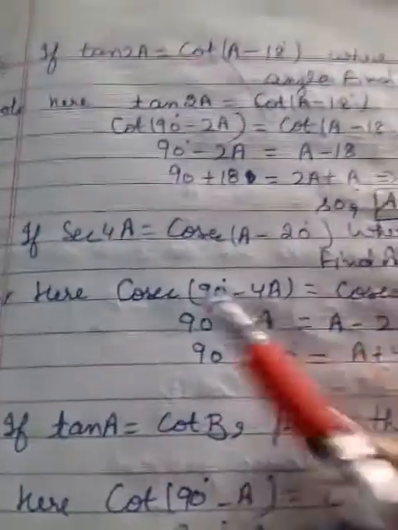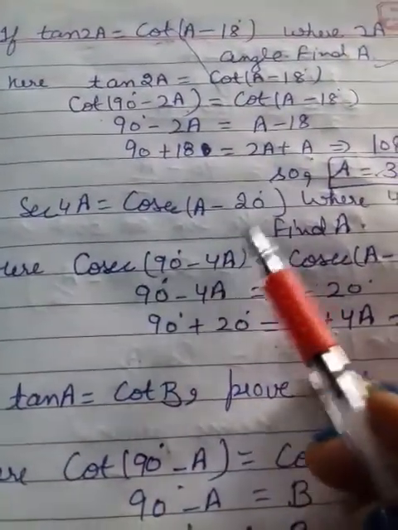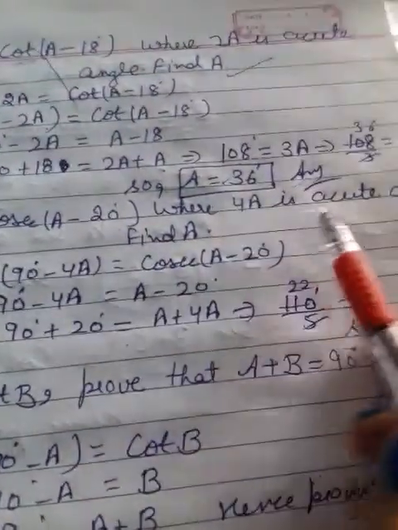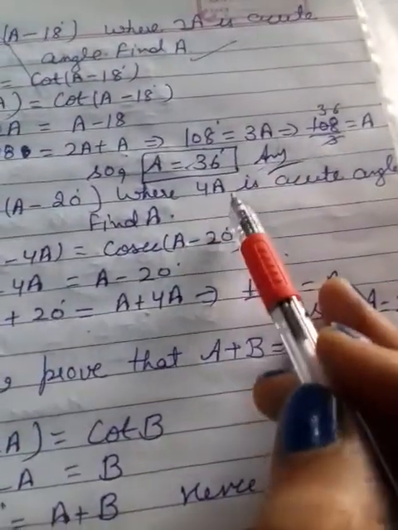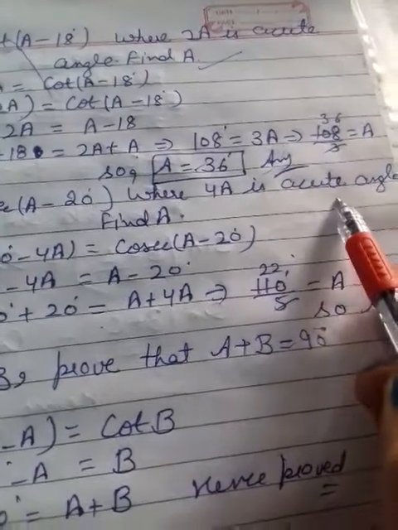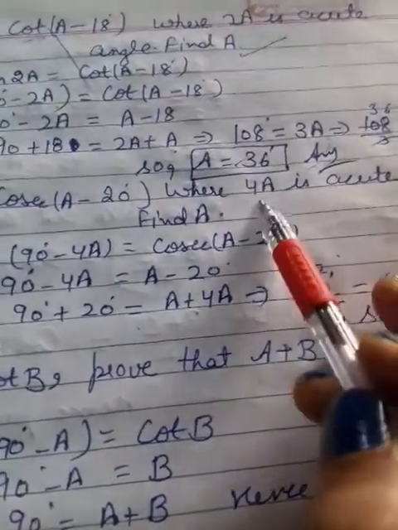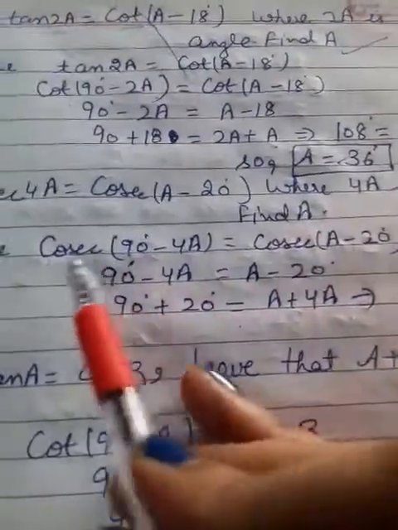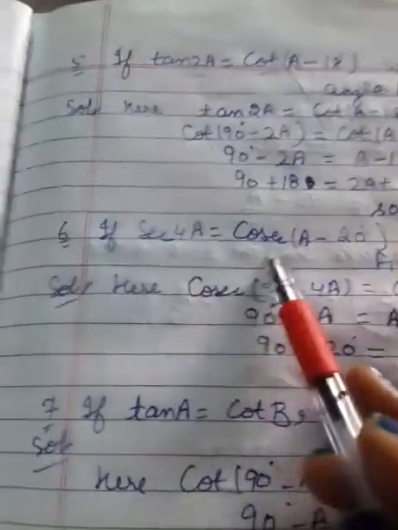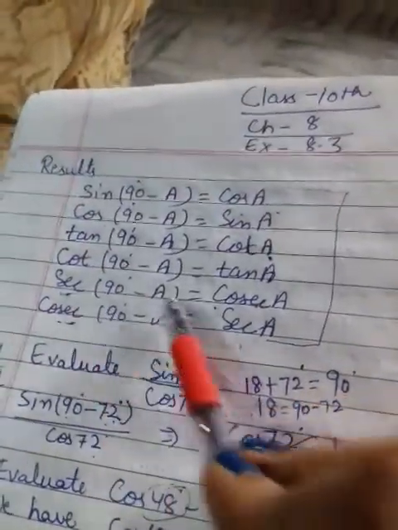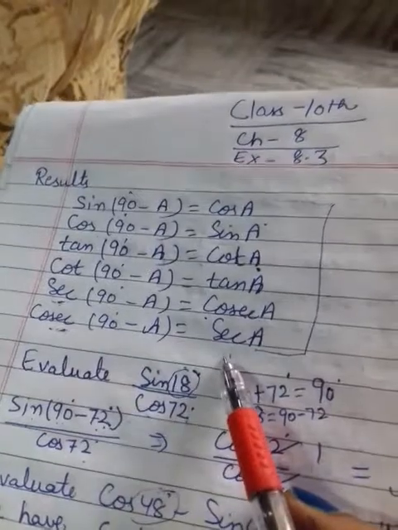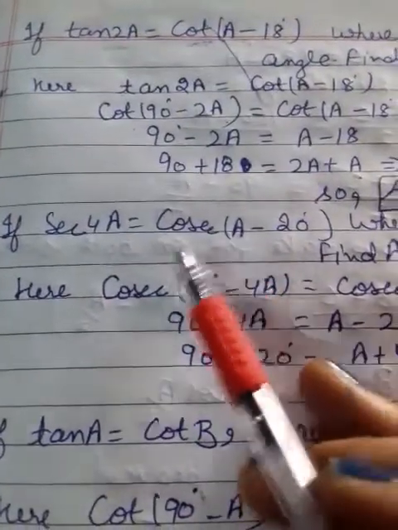Next is secant 4a is equal to cosecant(a minus 20 degrees). 4a is an acute angle. Find a. An acute angle is one whose value is less than 90, but it doesn't matter to us here. You know secant and cosecant also make a relation, so I can change it into one.